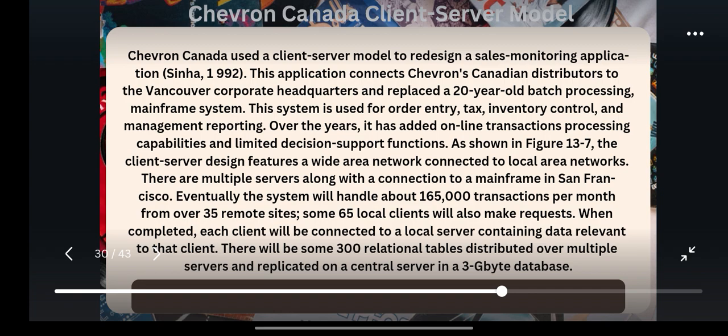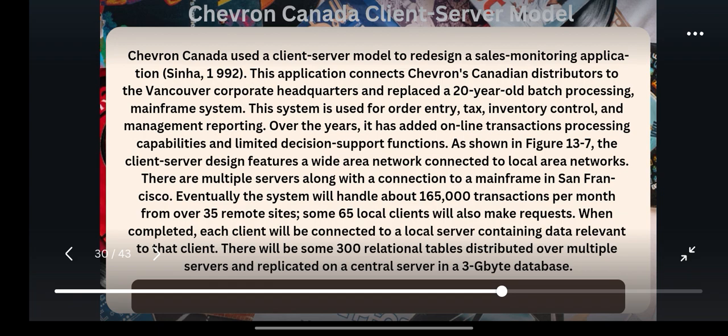Over the years, it has added online transaction processing capabilities and limited decision support functions. As shown in Figure 13.7, the client-server design features a wide area network connected to local area networks. There are multiple servers along with a connection to a mainframe in San Francisco.